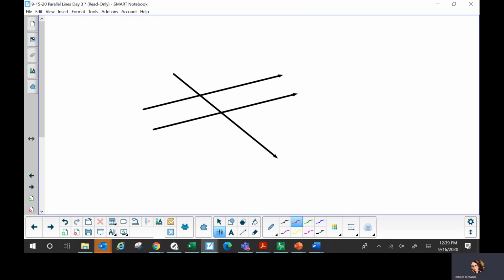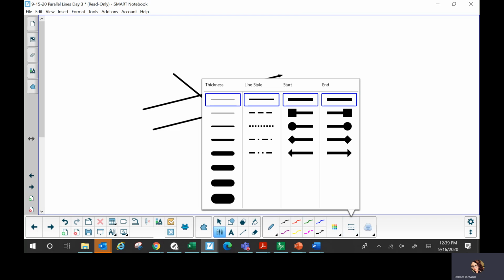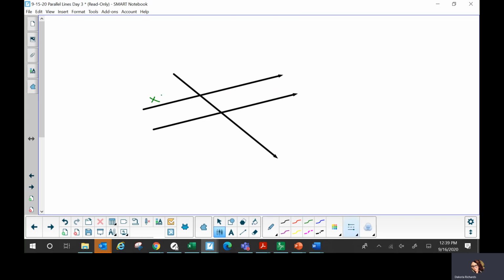All right, so just tell me what goes where. What goes up here? X plus 96. And then you had an angle here. 3x minus 92.